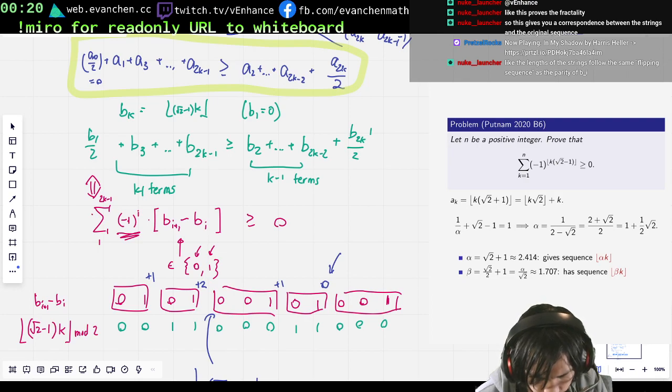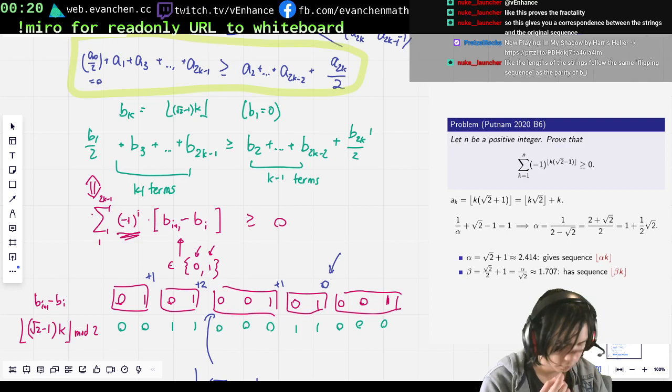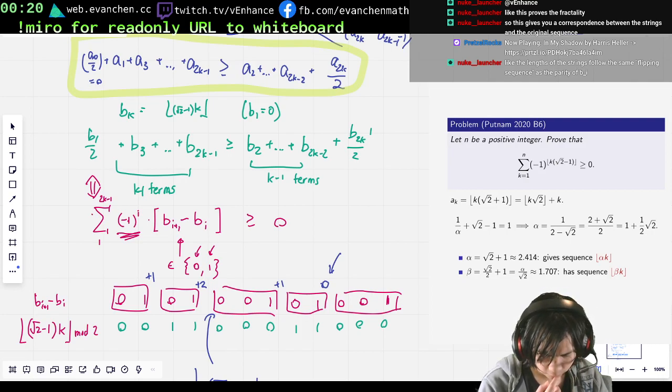The lengths of the strings follow the same. Do you mean like root 2 plus 2?